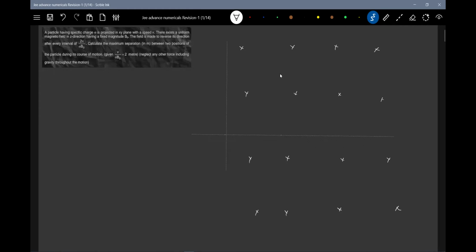I'll project a charged particle here. Then it is going to revolve in a circular path. Then the direction of B bar is going to change. So here, shall we put the B bar out of the plane?